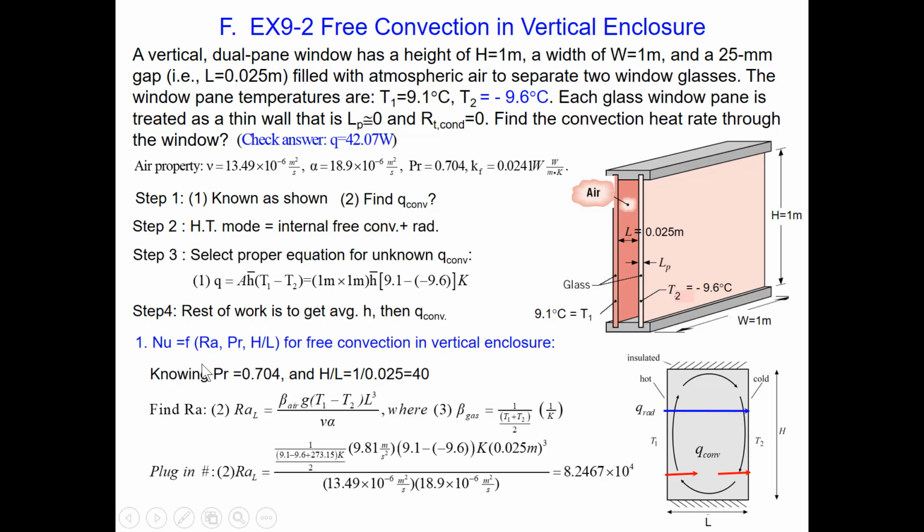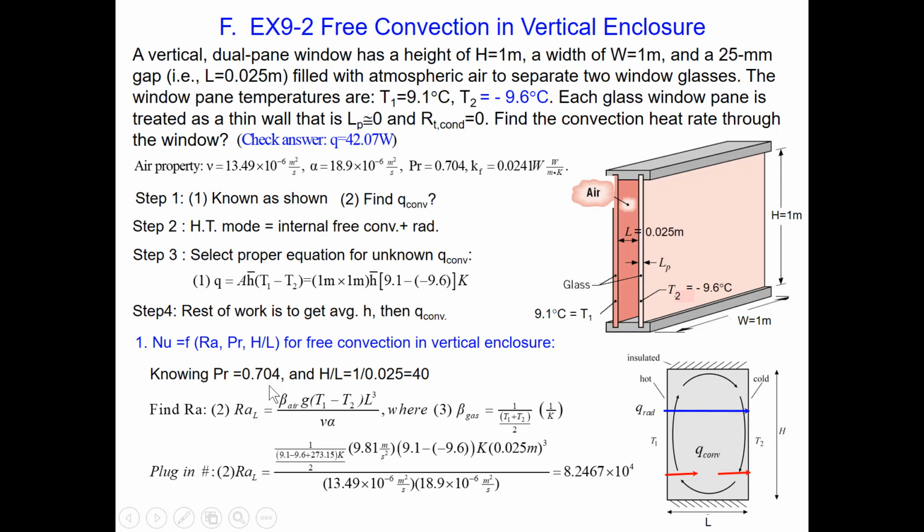1. For free convection in this vertical enclosure, the Nusselt number is a function of a Rayleigh number, Prandtl number, and aspect ratio H/L.